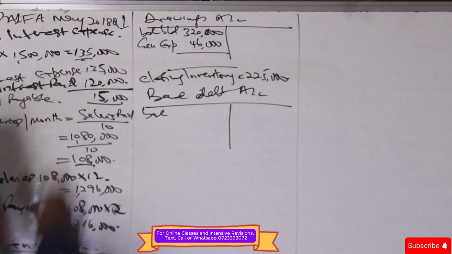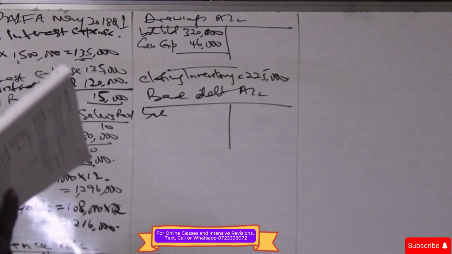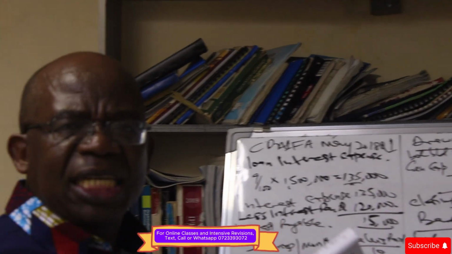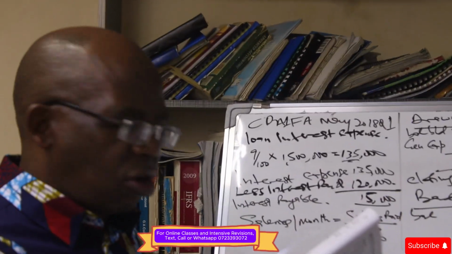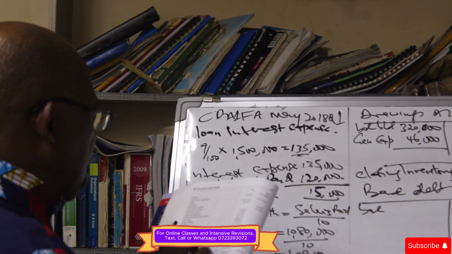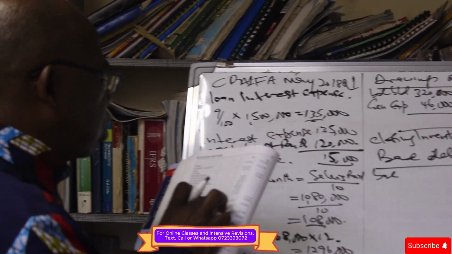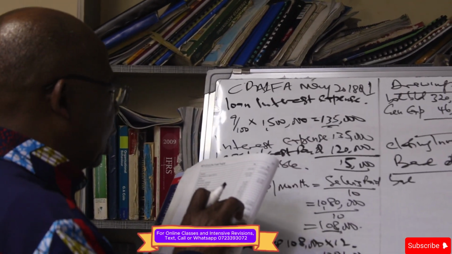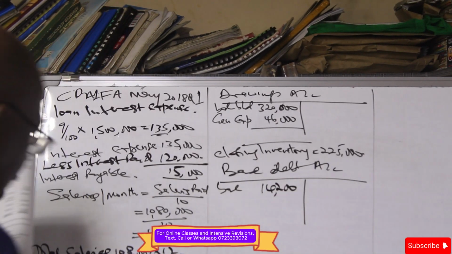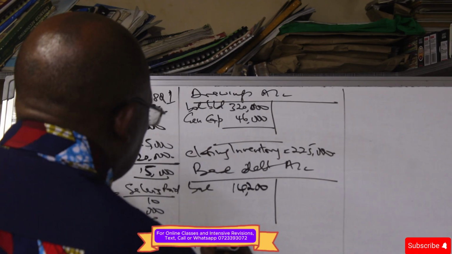Look, every time you are reconstructing an account, you must check whether it has balances from the trial balance. And we have irrecoverable debts amounting to 14,200 from the trial balance. And then we are saying trade receivables.